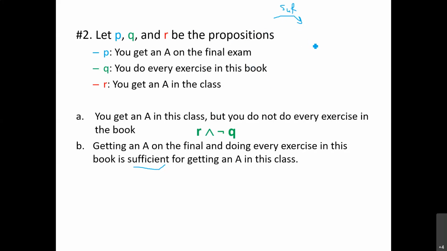I'll try to remember it. It slipped my mind. So usually when you have P implies Q, one is sufficient for the other and the other thing that I won't get now. So getting an A on the final and doing every exercise is sufficient for getting an A in the class.